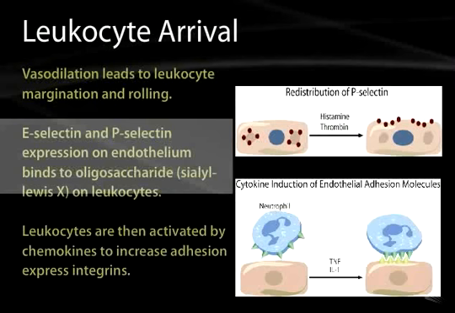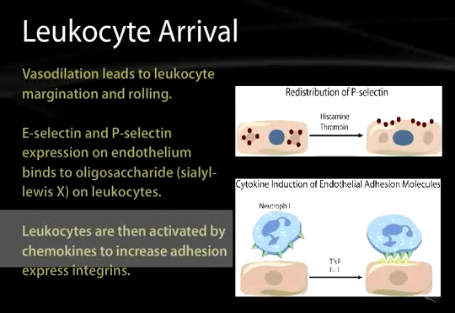And these bind to oligosaccharides like the sialyl-Lewis X protein or saccharides on leukocytes. The leukocytes then are able to roll and attach to the endothelium, and then they express chemokines, things like TNF-alpha or IL-1, which cause increased expression of adhesion molecules on the endothelium, and the cells then can roll and then hold fast to the endothelium.